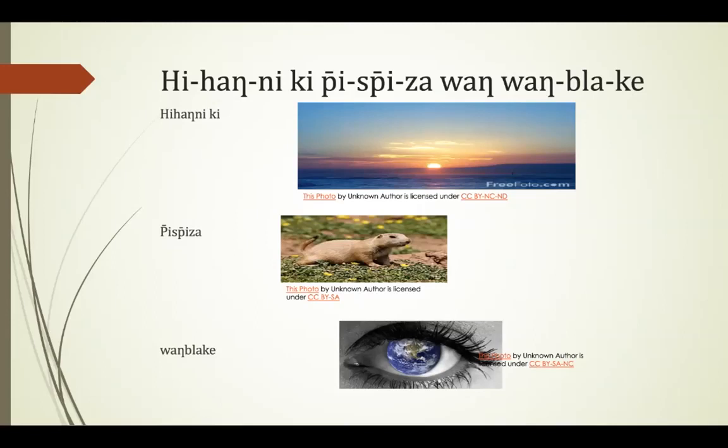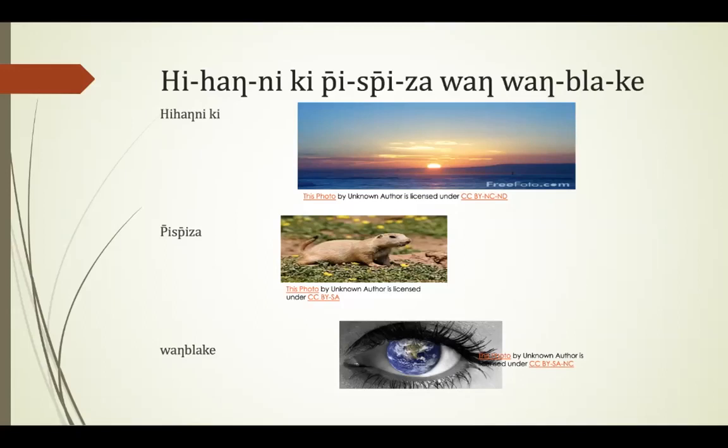So you have 2 I's and you have an A, so you have 3 syllables. And then there's wan, bispiza wan. So that's a one syllable word. And then you have wan blake. Wan blake, you have one nasal vowel and two other vowels, the A and E.